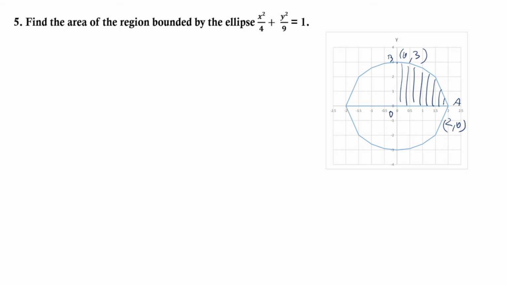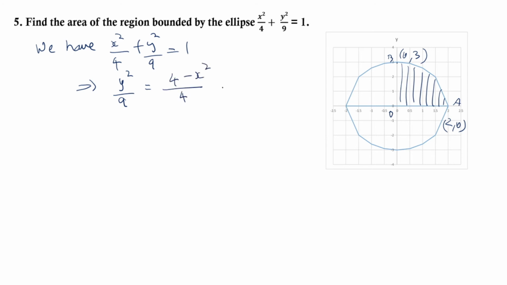Okay. So first, let us write the equation in terms of y. We have x square by 4 plus y square by 9 is equal to 1. So we have y square by 9 is equal to 4 minus x square by 4, or y is equal to plus or minus 3 by 2 root of 4 minus x square.